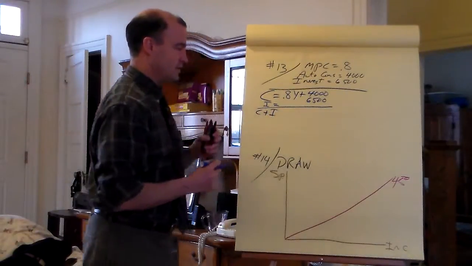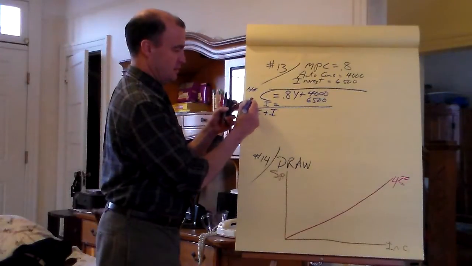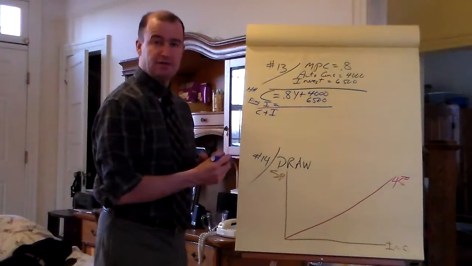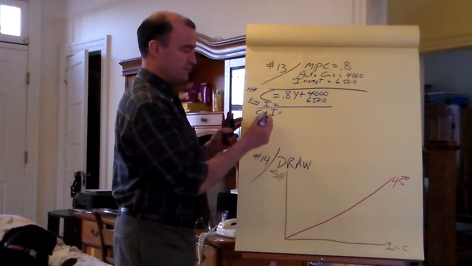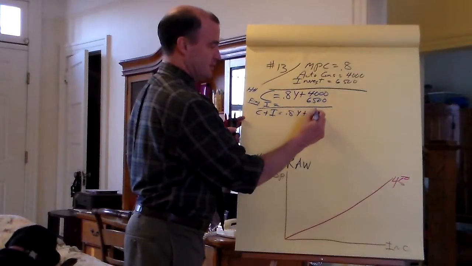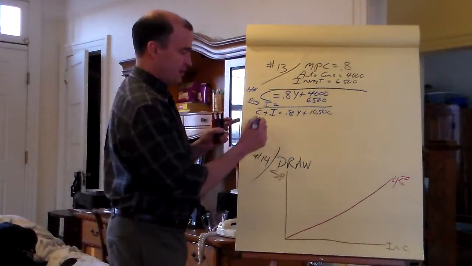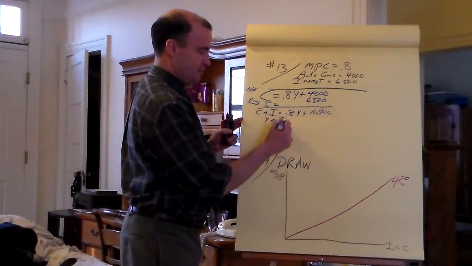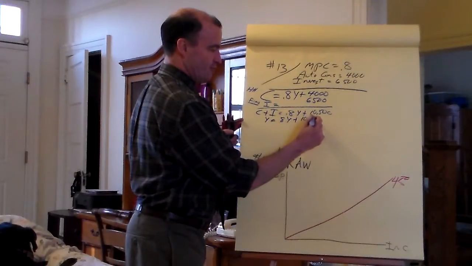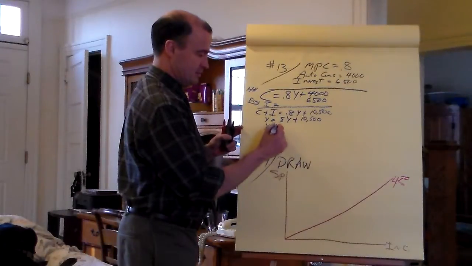With a C equation for household spending and an I constant, 6,500, for investment spending, we can put together the equation for the entire economy: 0.8y plus 10,500. Since this is the very first problem in the test, we're going to have to show every single step perfectly.